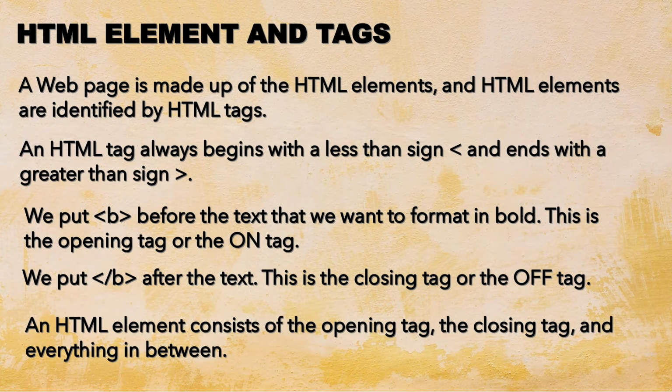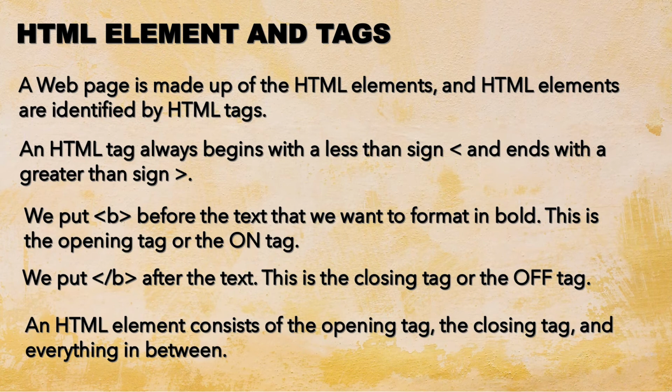HTML coding. We are going to discuss how to code HTML. Let us start by discussing the various components that make up the HTML code: elements, tags, and attributes. HTML elements and tags. A web page is made up of HTML elements, and HTML elements are identified by HTML tags.